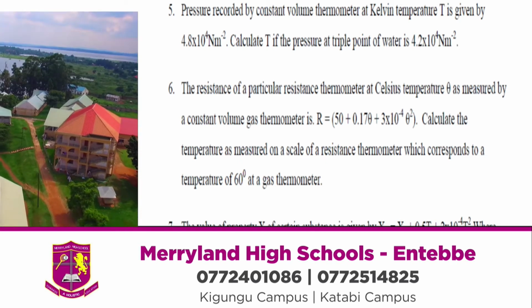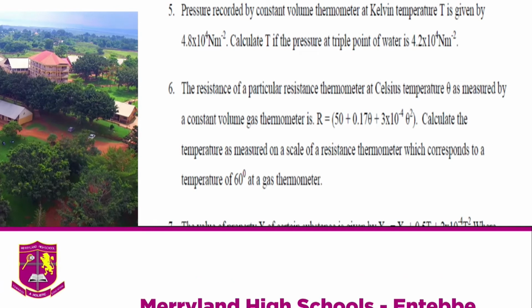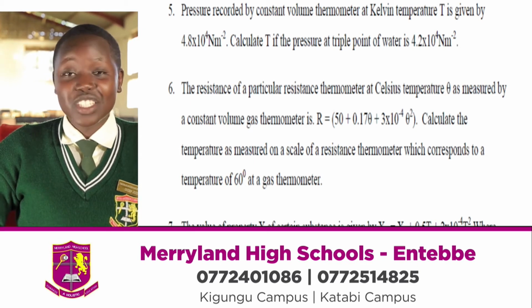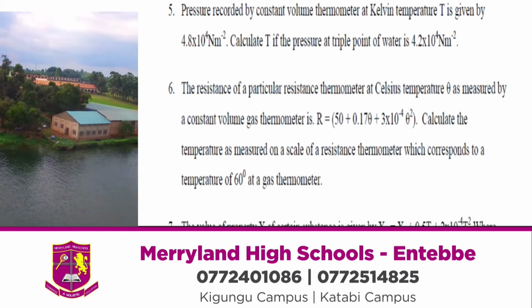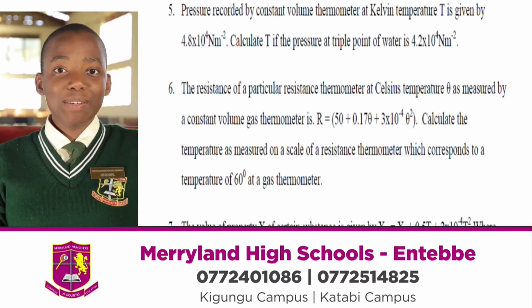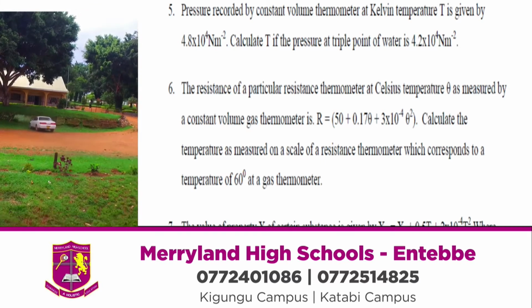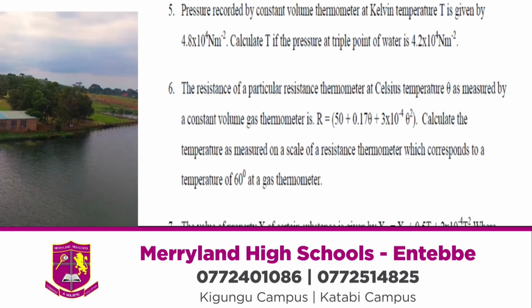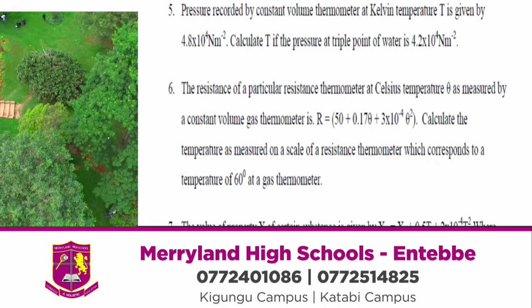It is minus 4, 3 exponent negative 4 theta squared. Calculate the temperature as measured on a scale of a resistance thermometer, which corresponds to a temperature of 60 degrees at the gas thermometer. Very beautiful. So kindly write that down.